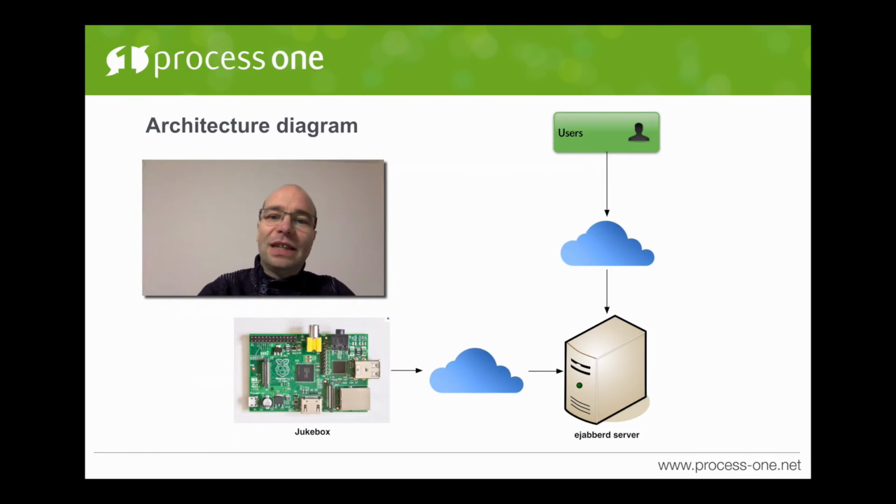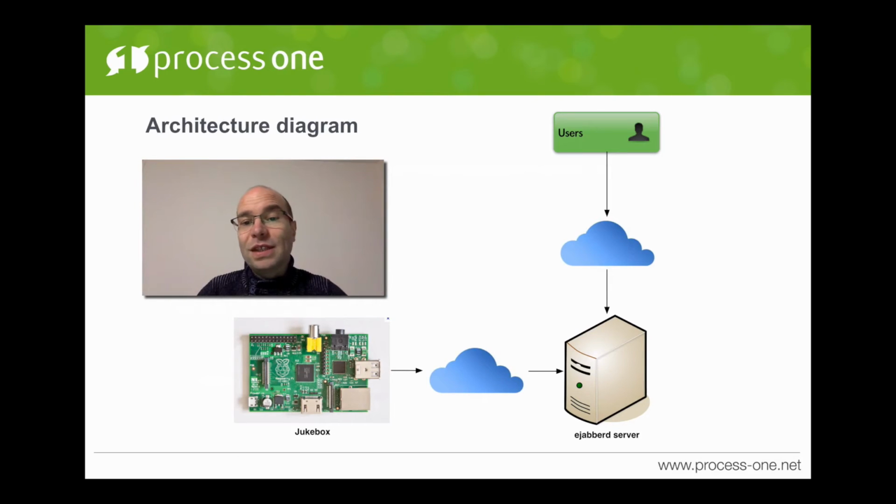As you see, I have represented a cloud in that image, meaning that the Jukebox can be in my home and I can control it from a different network. I can connect to the XMPP server over internet. The Jukebox can connect to the XMPP server over internet, and I can control it from anywhere in the world.